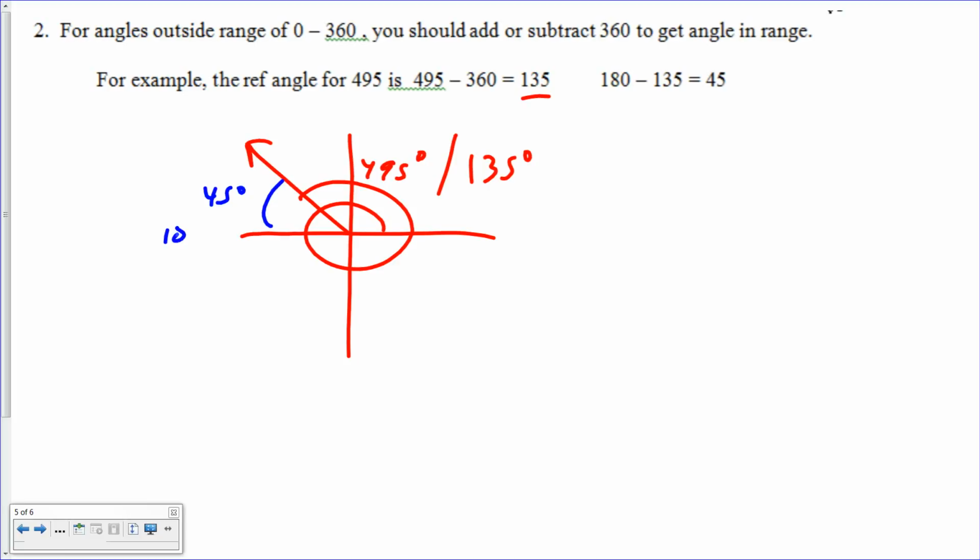How do you know? That's 180. How do you get the blue one? You can take 180, subtract off 135, you get the 45. It's like the whole 180 minus the part 135 gives you the other part. Or you can think about it in terms of 135 plus what gives me 180. Get your system, stick with it.